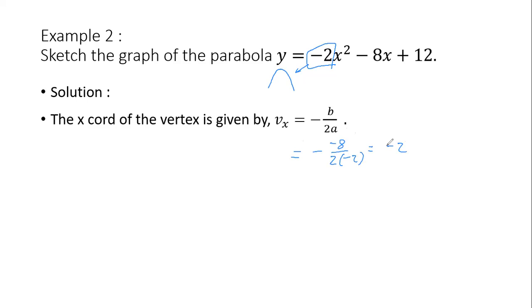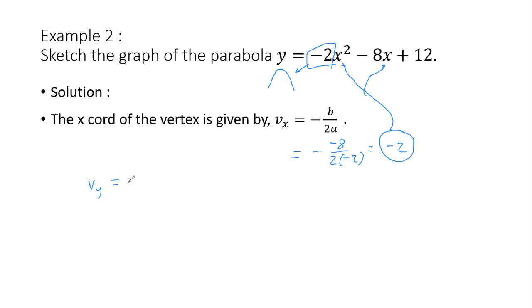Now, this is the x-coordinate. To find the y-coordinate, we substitute that x-coordinate in the given equation.